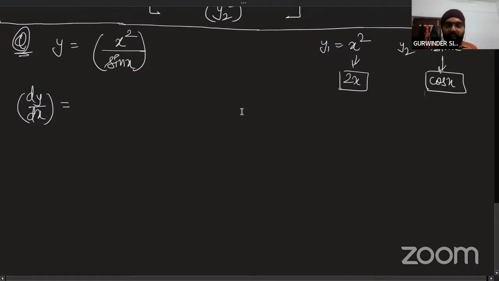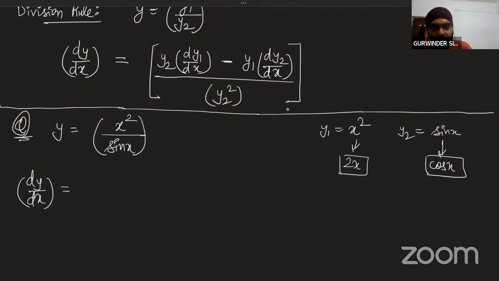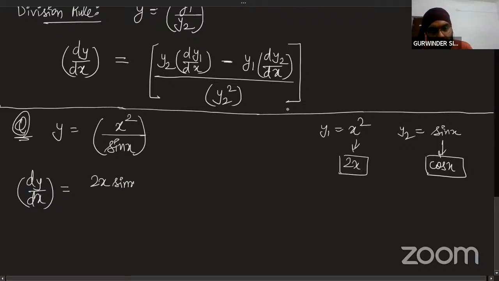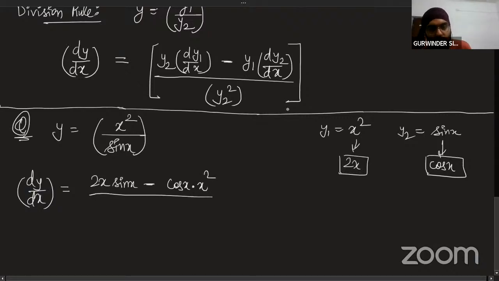Now, if you are not able to remember the formula, you can see it right now. It is the derivative of the upper into the lower, minus the derivative of the lower into the upper, whole divided by the denominator squared, like this. So this is your final answer.